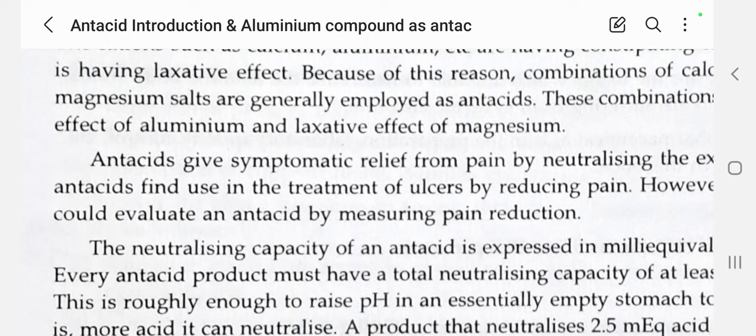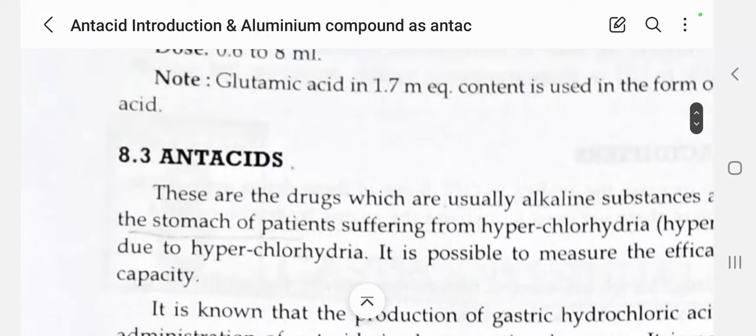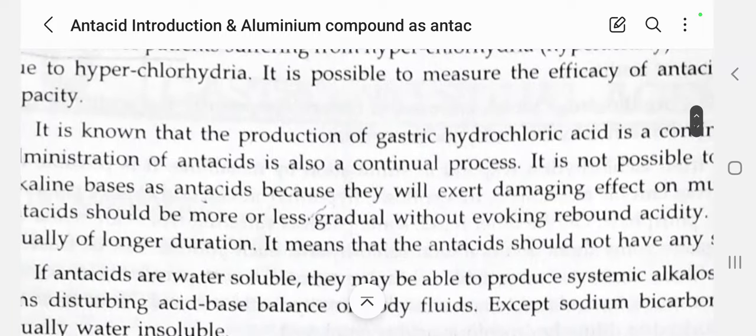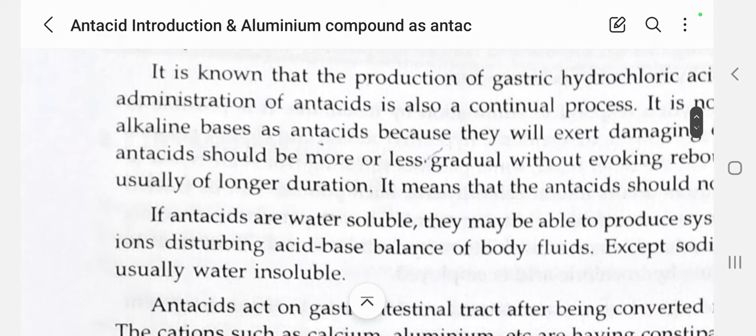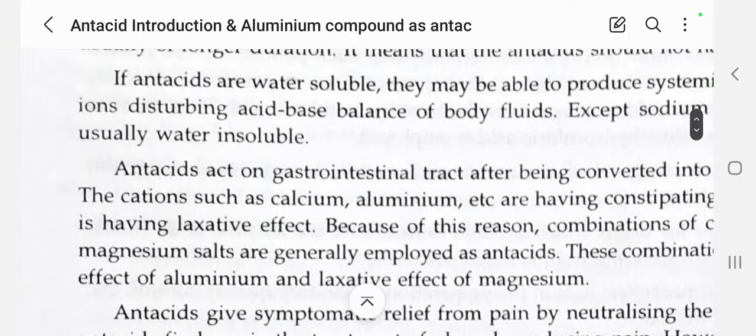In milliequivalents. From the overall points: what is meant by antacid, why combination therapy should be given to patients in order to overcome the laxative and constipating effects, what are the ideal characteristics of an antacid, and what happens if an antacid is water insoluble, all of this we discussed.